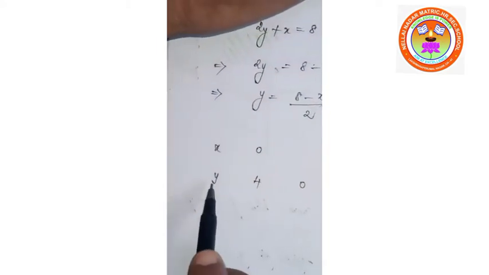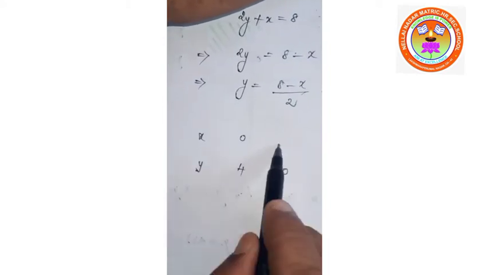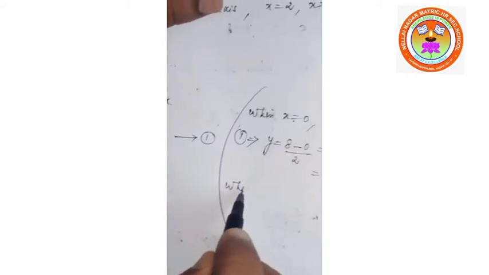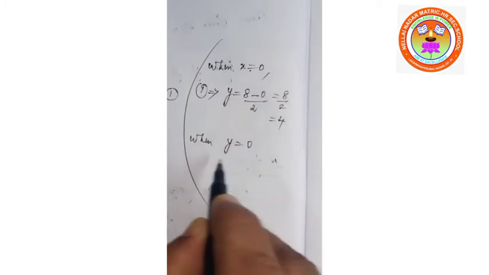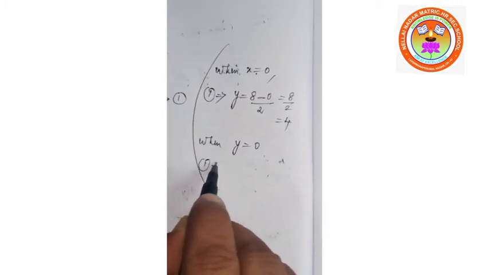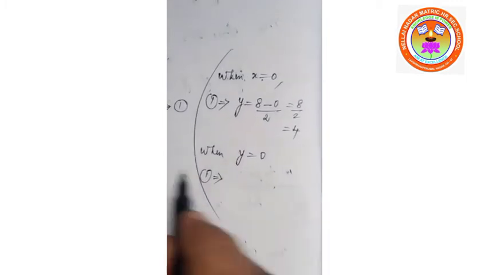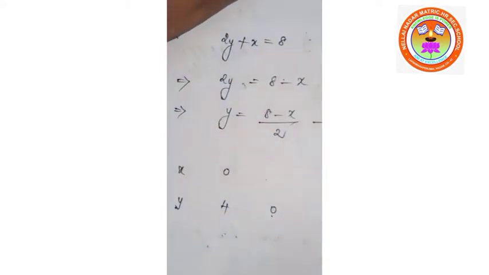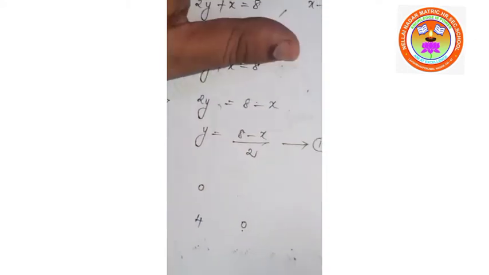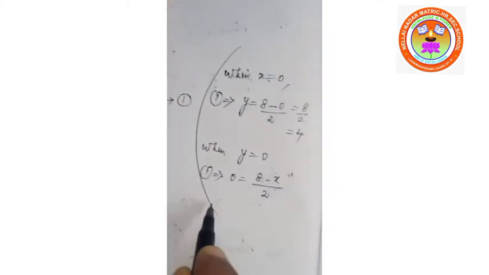Now substitute y equal to 0 and find the value of x. When y equal to 0, the same equation 1 implies 0 equals (8 minus x) by 2.